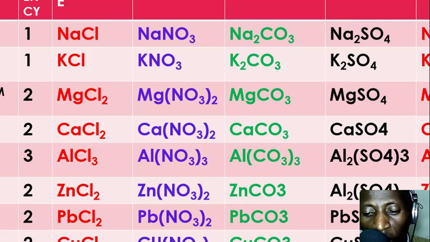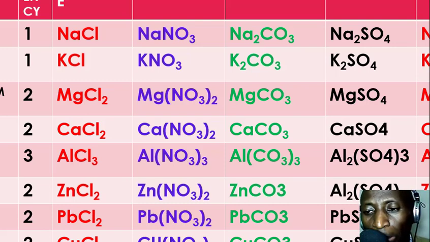Amongst the hydroxides, we have sodium hydroxide. I would like you to specifically see the way we write that formula. N is capital, a is small. O and H are capital. For potassium hydroxide, we have all capitals. Magnesium hydroxide, calcium hydroxide, aluminium hydroxide.